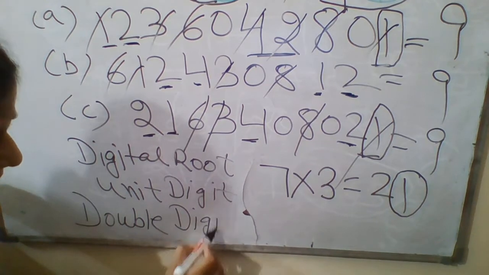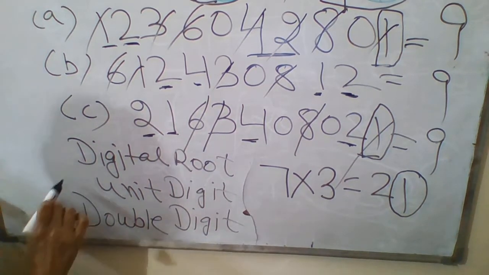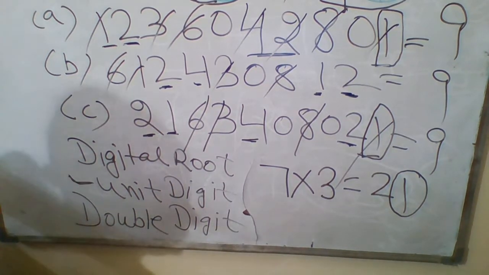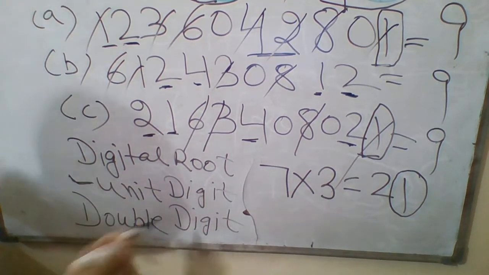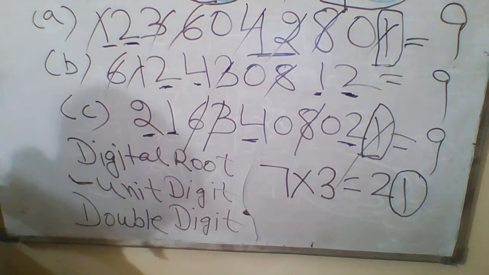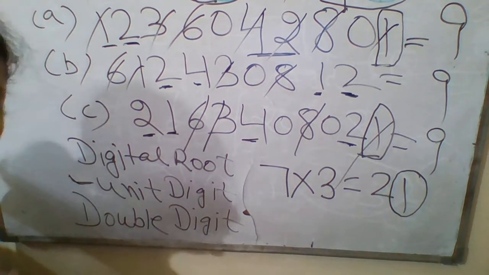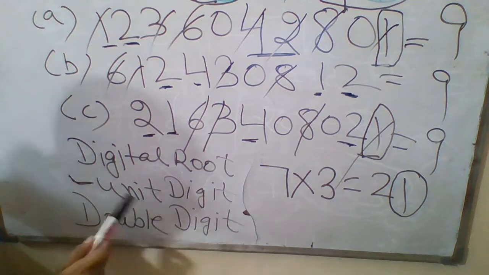So, unit digit I have done with you. You see my previous video on unit digit, I had done the unit digit concept also. Now sometimes you can get a question in which all the digits are the same at the unit place.